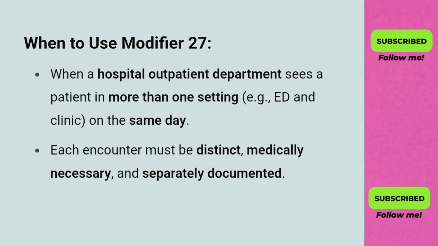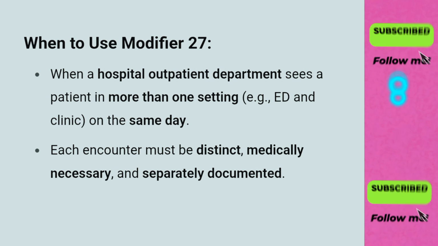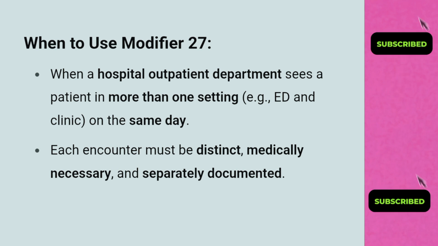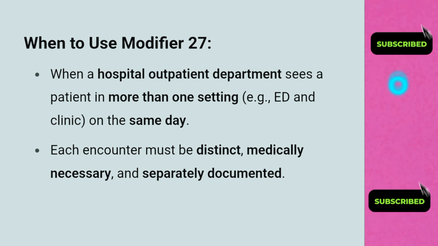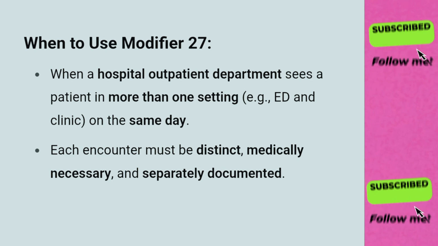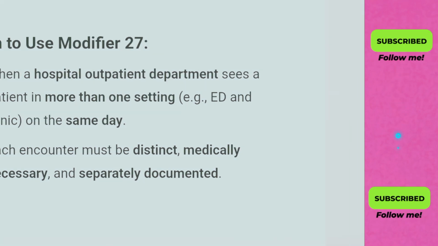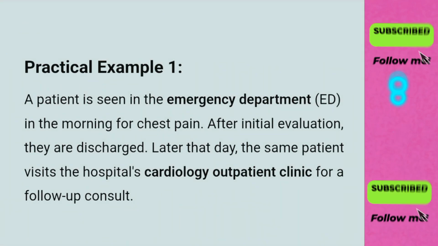So modifier 27 is for services provided in more than one setting, but the most important thing is that these encounters are performed on the same day, right? Make sure these encounters are distinct, medically necessary, and also separately documented. Here we can go with an example.